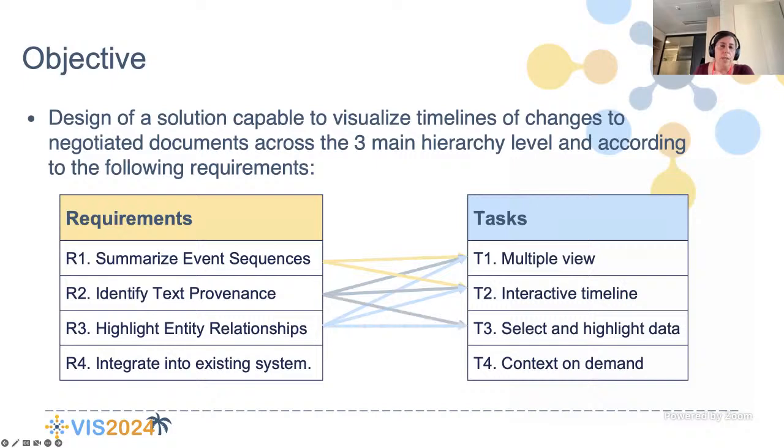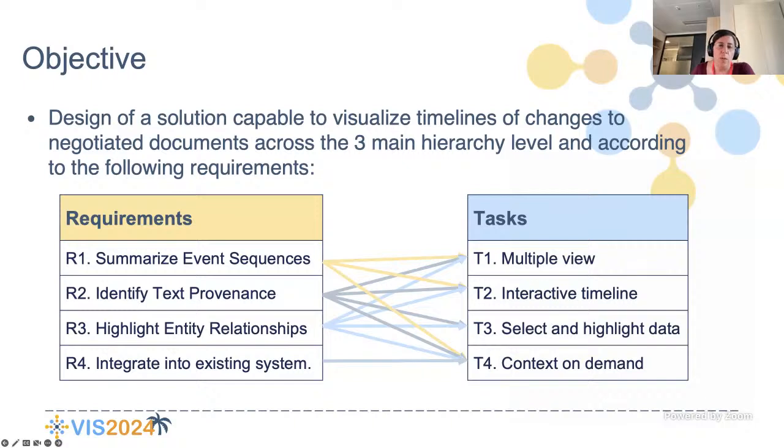Third, selection and highlighting of elements which were of interest, and also elements which were connected by provenance to whatever was under analysis. And finally, the ability to provide context on demand, given the interconnection across the different texts and different documents belonging to different timelines.